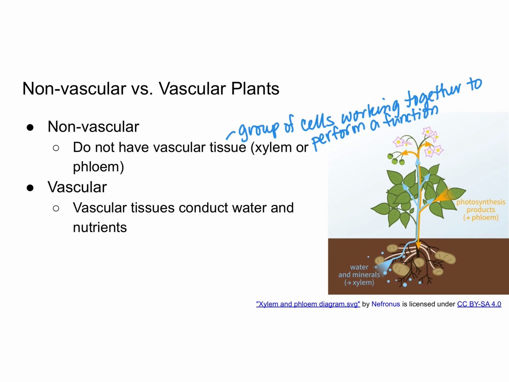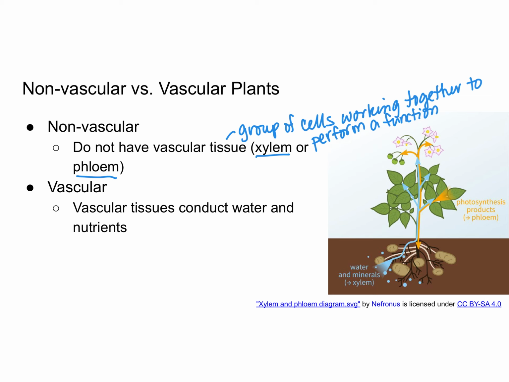So all multicellular living organisms have tissues, and plants, one of those tissues could be vascular tissue. And the vascular tissue is kind of classified as either xylem or phloem. And we'll talk more about these when we talk about vascular plants a little bit later on.